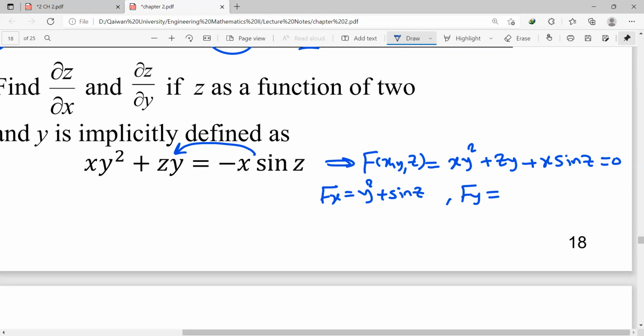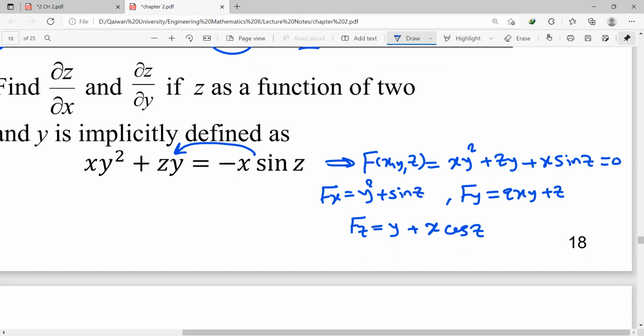The first term is 2xy, plus z. And how about f sub z? First term is 0. Second term is y plus x cosine z. Derivative of sine z is cosine z. These are the partial derivatives.